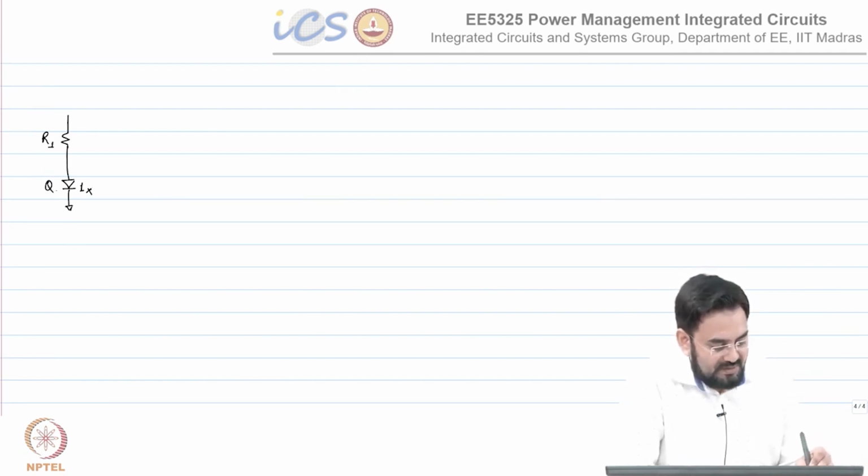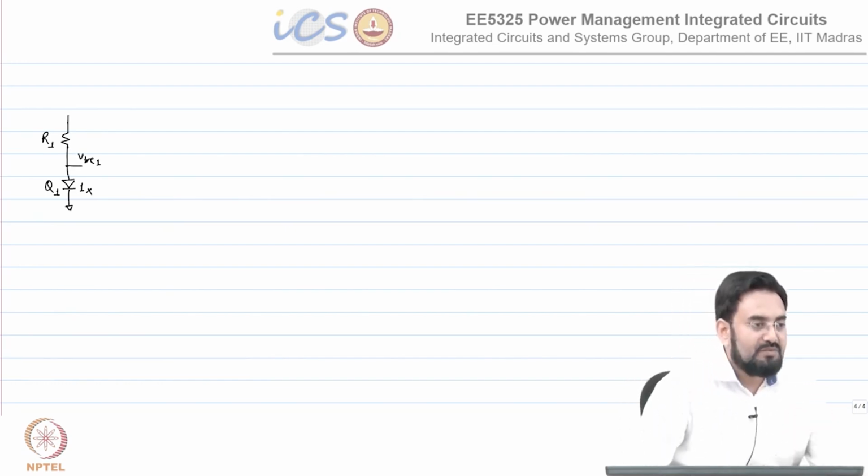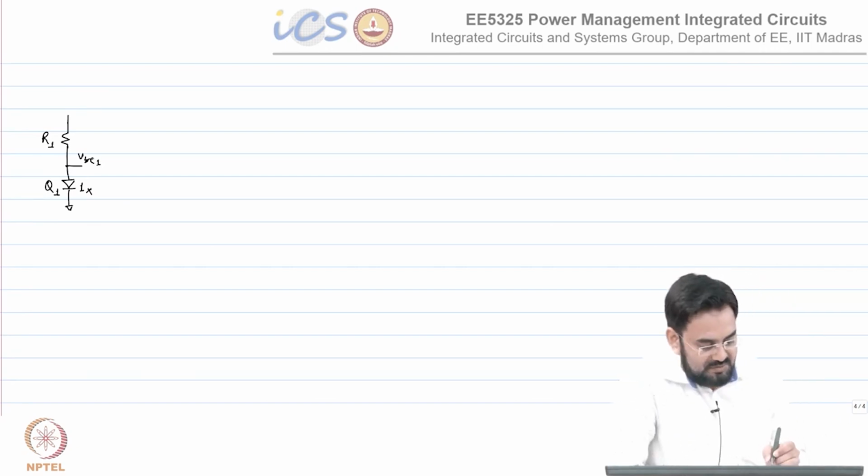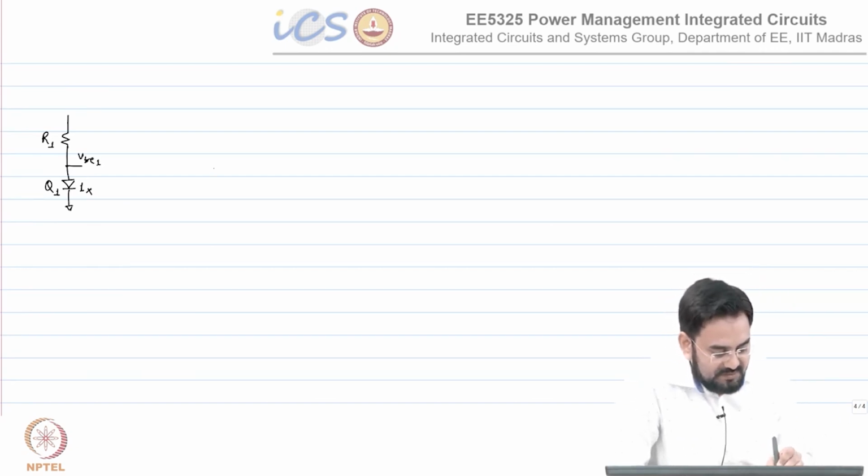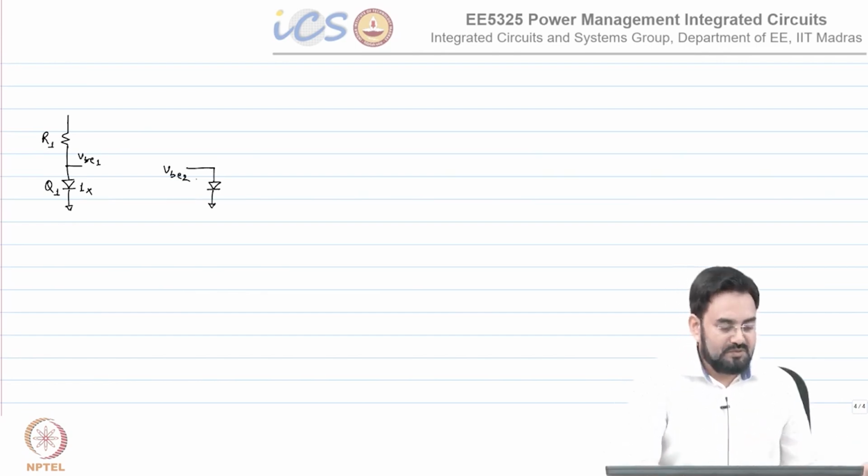I will call it Q1. So this is giving me VBE1. I need one more voltage, VB2. So let's have one more diode. VB2.